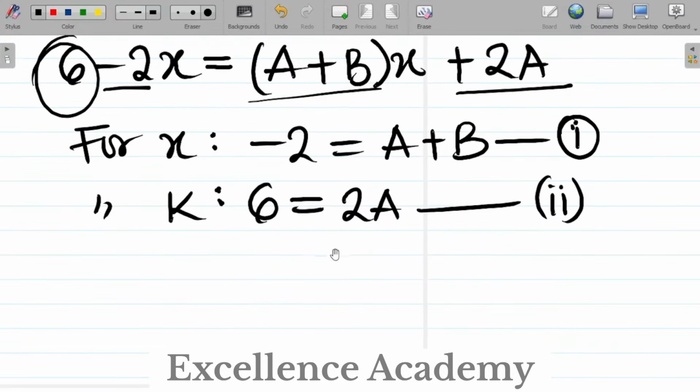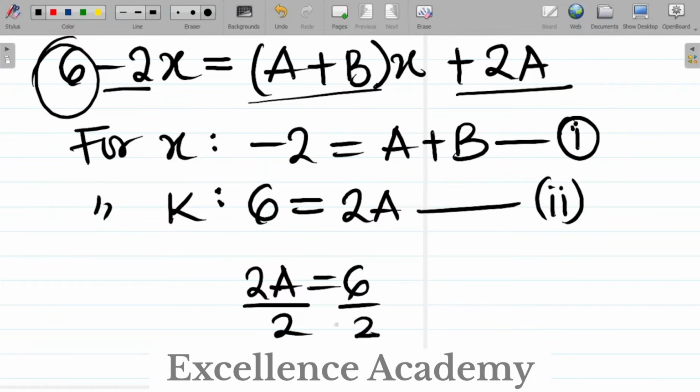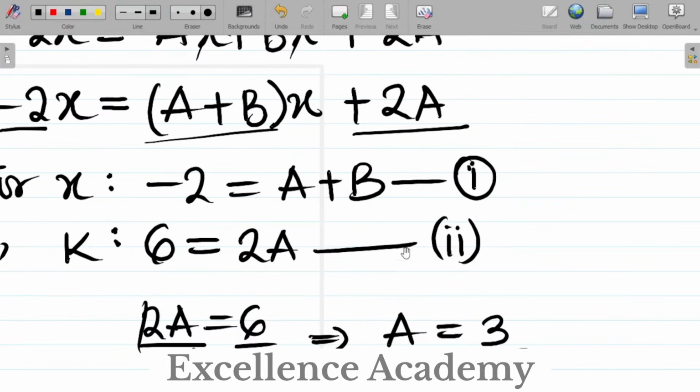From equation 2, let's get the value of a. We said 2a is equal to 6. To get a, divide both sides by 2, so a is equal to 6 over 2, which gives 3. Now put the value of a into equation 1.